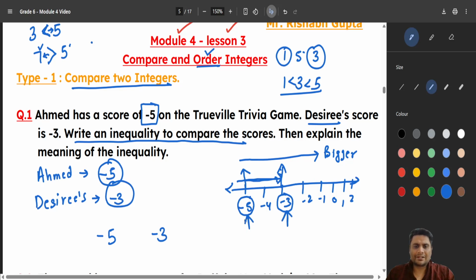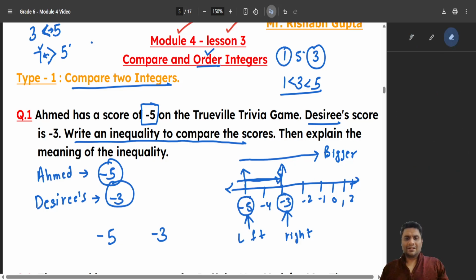Why? Because -5 is on the left side and -3 is on the right side, and the number on the right side is bigger. So you have to remember, in negative numbers, the bigger number becomes smaller and the smaller number becomes bigger.